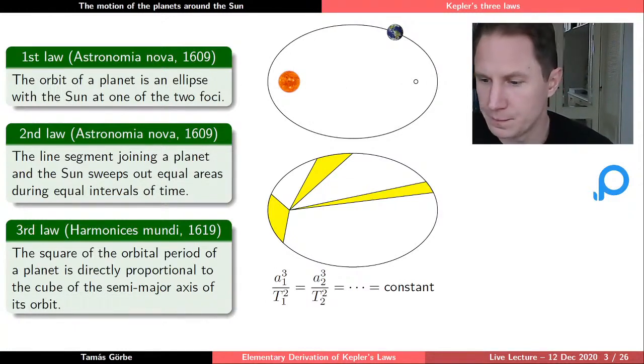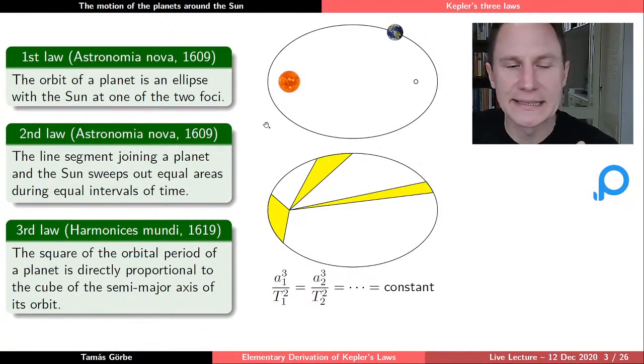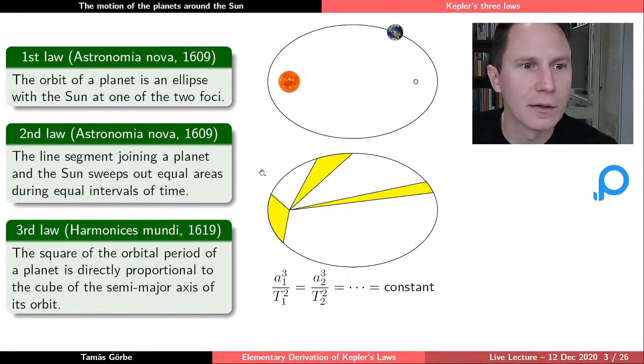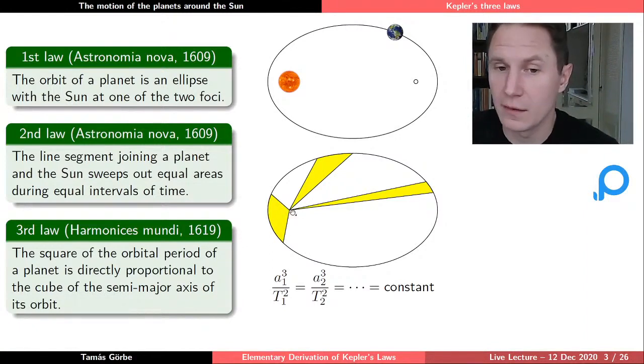The second law is the area law, which says that if you connect the planet to the Sun, to that focus point, this line segment will sweep out these sectors, and let's say in each month it sweeps out one of these yellow sectors.